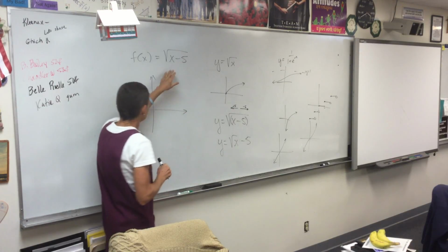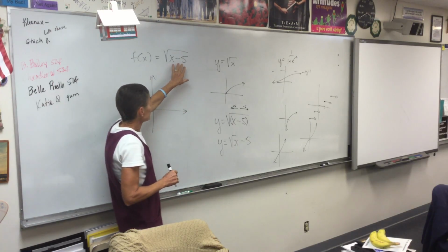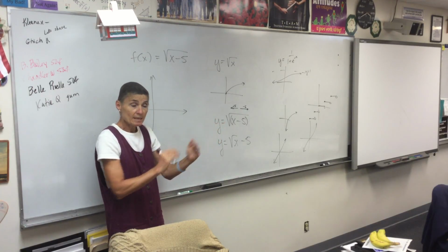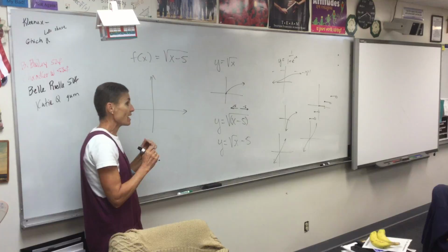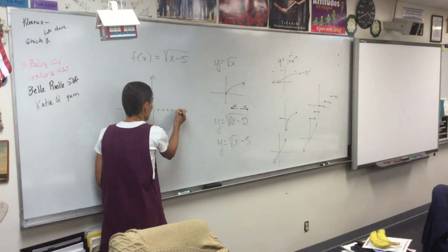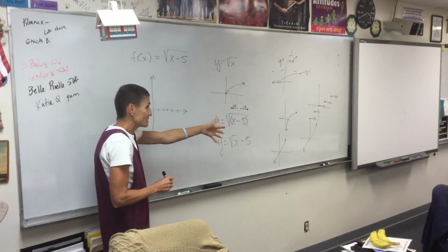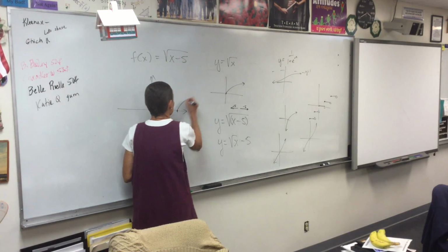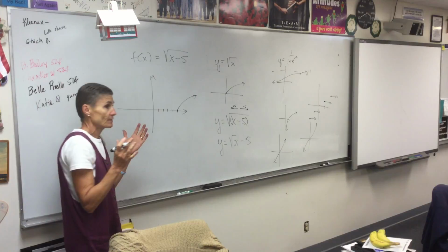So when I'm asked to sketch this, oh, I see it's grouped with the x, that means it's going to shift this way. It's a minus 5, that means I'm going to take 5 steps to the right, opposite of what I think I would go. I'm going to go 5 steps to the right, and I'm going to draw my picture. That's it. That's all there is to it.